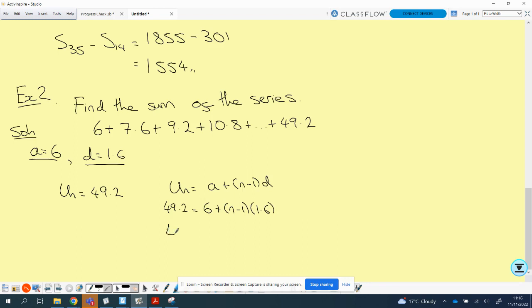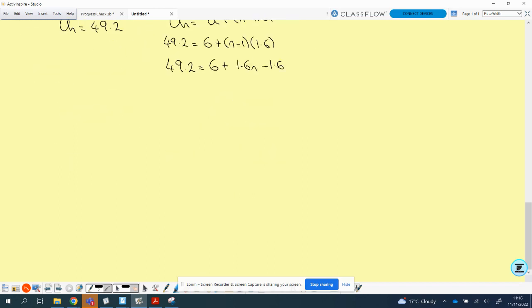Now if I multiply out this bracket, 1.6 times n is 1.6n, take away 1.6, and then 49.2 equals 1.6n plus 4.4.